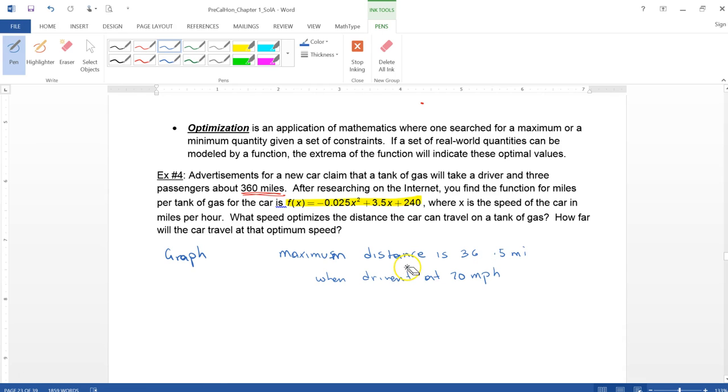In function notation, it's f of 70 is equal to 362.5. Okay? Now, I want to talk about one other thing here.